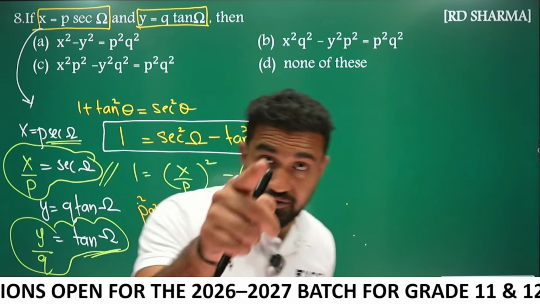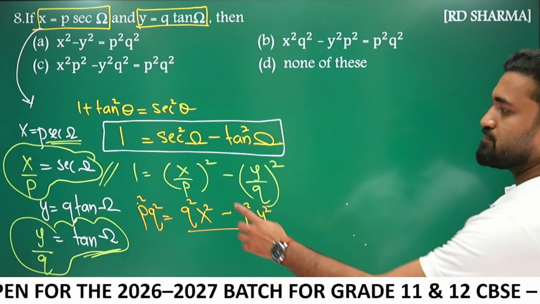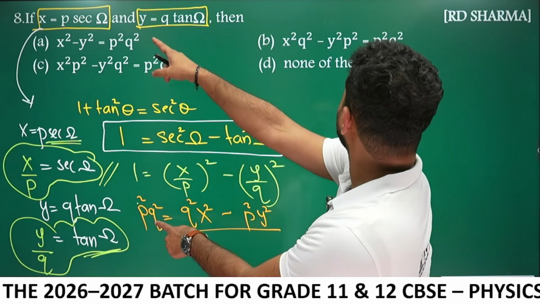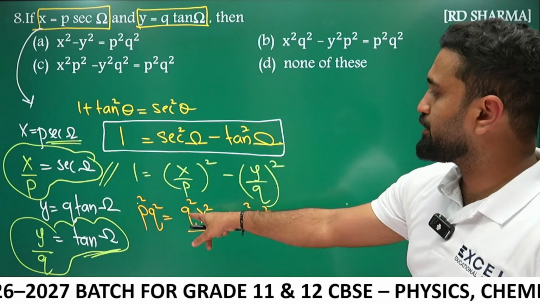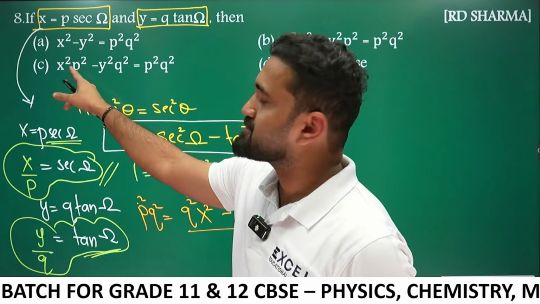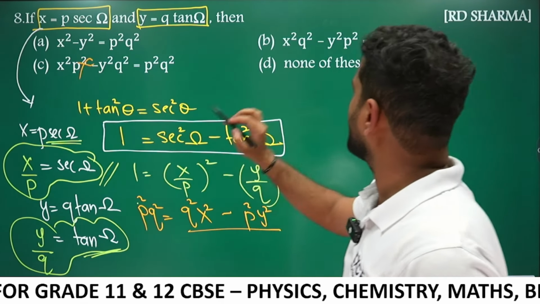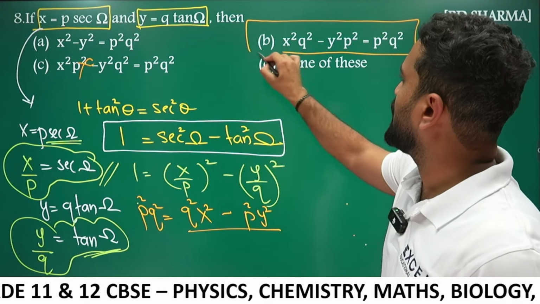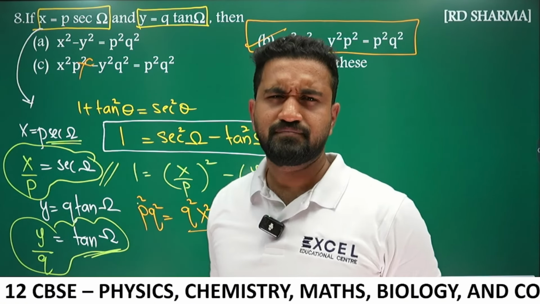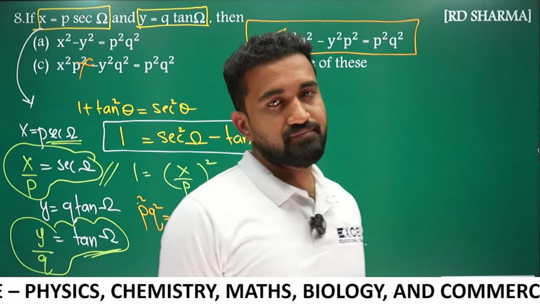Which option? X square q square, right? Here it is x square p square, so not this guy. Option B for boy. You got it?